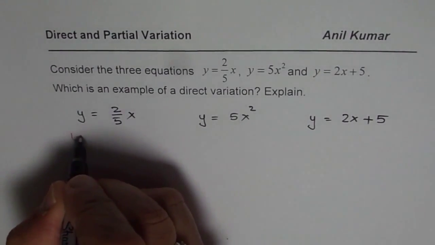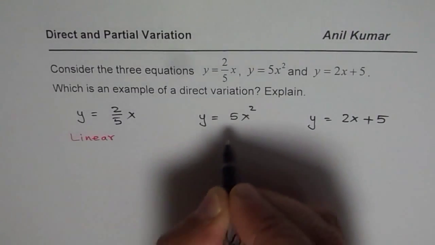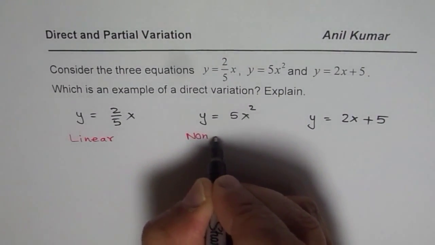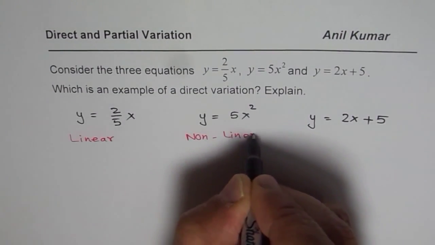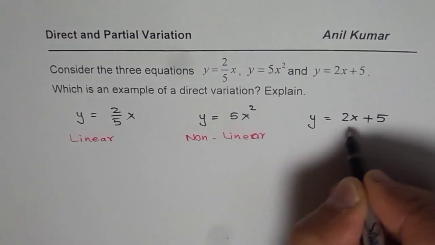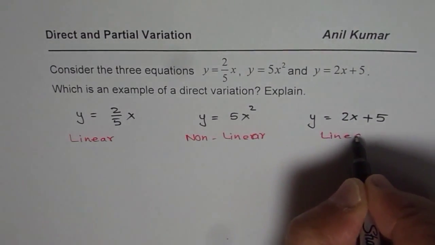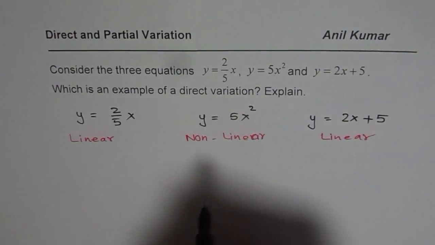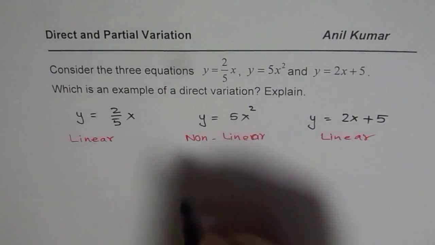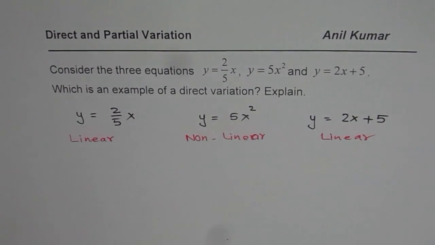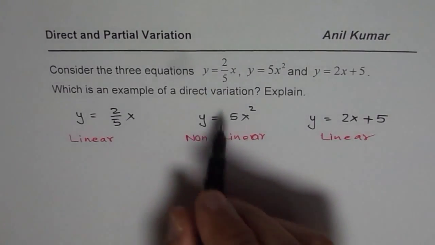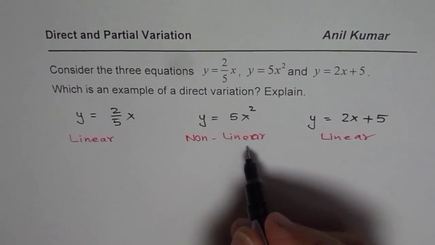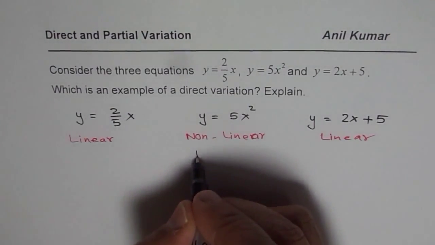So this is linear, but this is non-linear, and this one is linear, correct? If it is non-linear, we are saying it is neither. In this case, we know directly that it's not a direct or a partial variation, since it is not a linear equation, so we'll say neither.